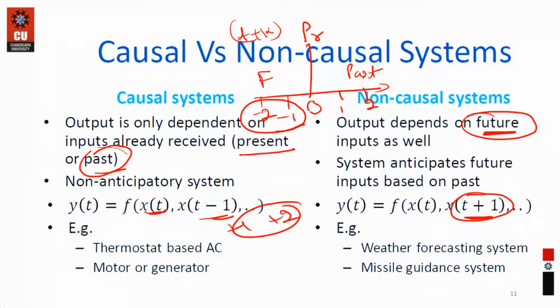And of course, most of the real life systems are causal. Right now, if you are looking at my video, you can see my recording of the past outputs. You can see my recording at the present, but what I am going to speak at 10:40, how do you know? Right now the time is 10:30.